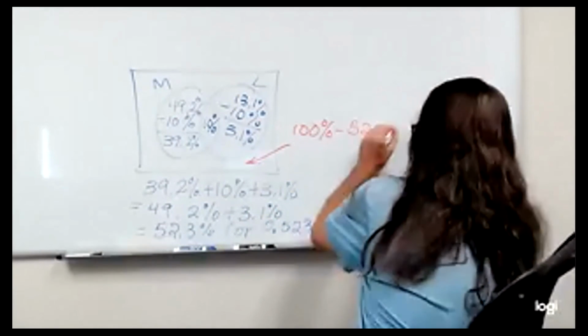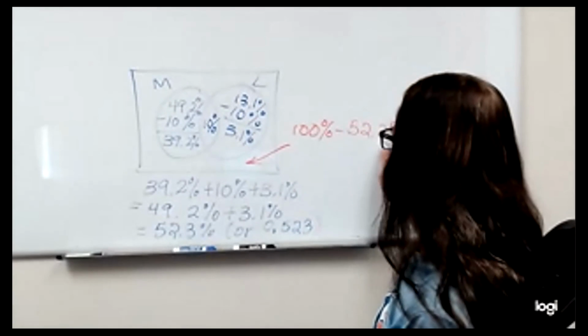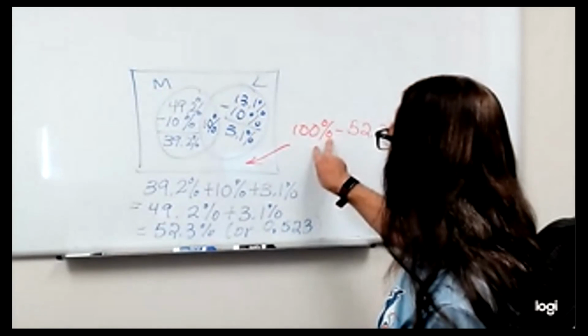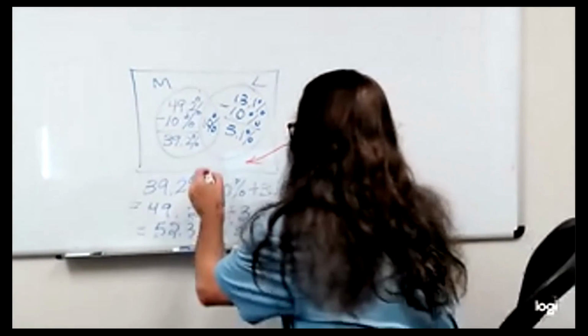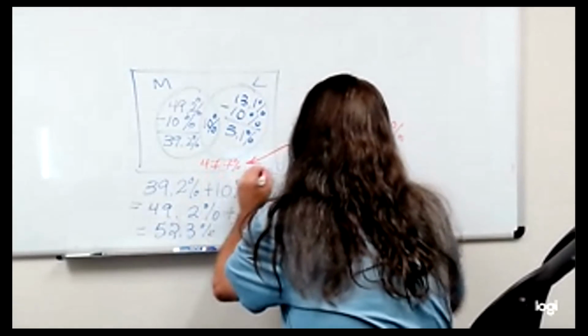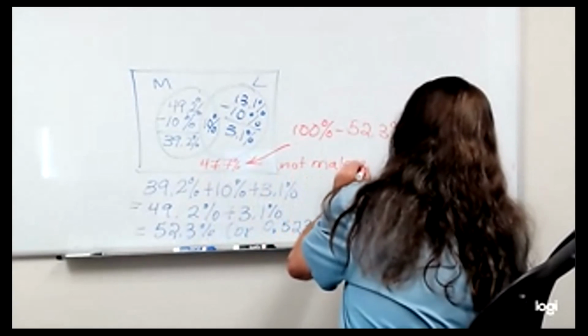Well, if I didn't have that 0.3, then I'd have 48. I'm going to have to take away 0.3 from that to get 47.7% not male and not left-handed in the US.